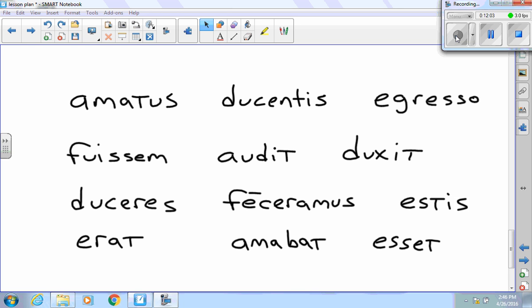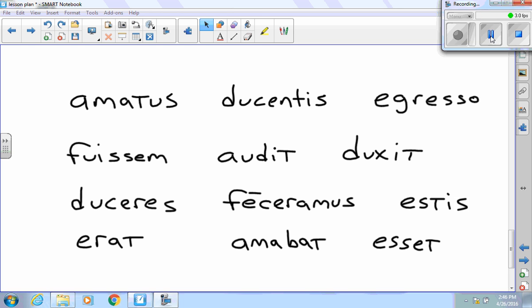Duxit, perfect active indicative. Duceris, imperfect active subjunctive. Feceramus, pluperfect active indicative. Estis, present active indicative. Erat, imperfect active indicative. Amabat, imperfect active indicative. Esset, imperfect active subjunctive.